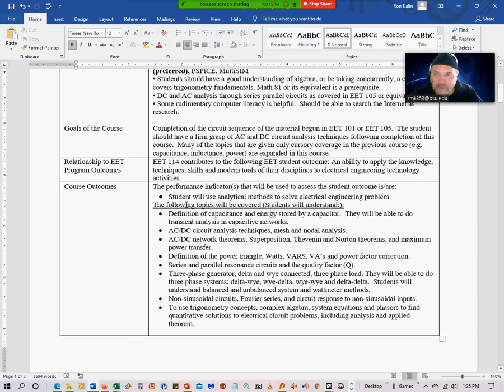The outcomes are using analytical methods, definition of capacitance and energy stored by a capacitor, AC/DC circuit analysis techniques, mesh and nodal analysis, network theorems, superposition, Thevenin and Norton, maximum power transfer, definition of the power triangle, watts, vars, and VA, power factor correction, series and parallel resonance circuits with a quality factor, and then three-phase circuits, delta Y and all the combinations, non-sinusoidal circuits, Fourier series, and circuit response, and to use trigonometry, concepts, complex algebra, systems of equations and phasors to find solutions to electrical circuit problems.